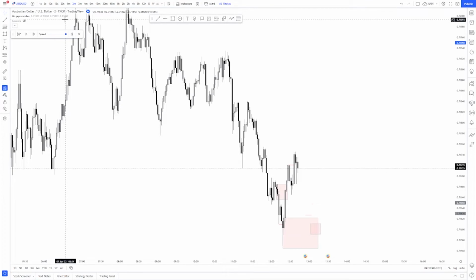We are not looking for these reactions everywhere on the chart. We're just looking for it during the London session, the overlap between London and New York session, and New York session. So that's pretty much the premise to which we'll be looking for these setups.